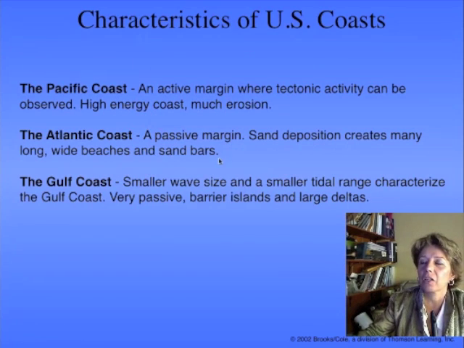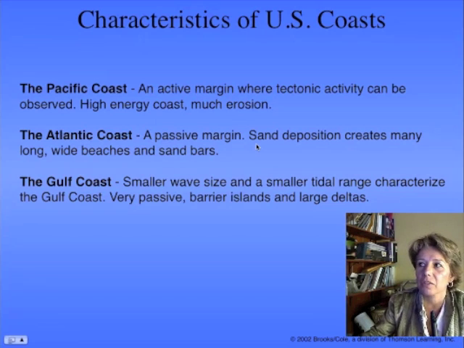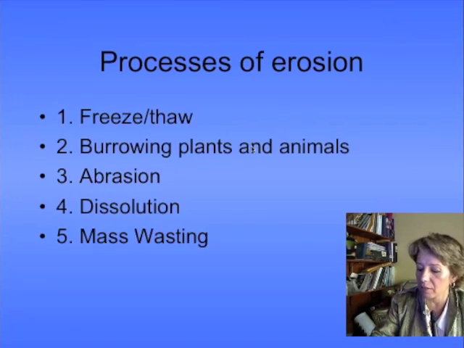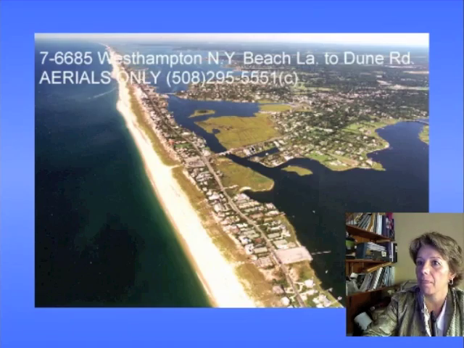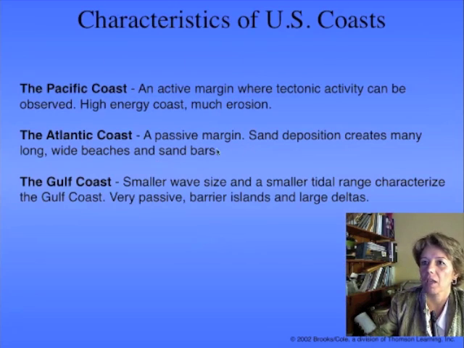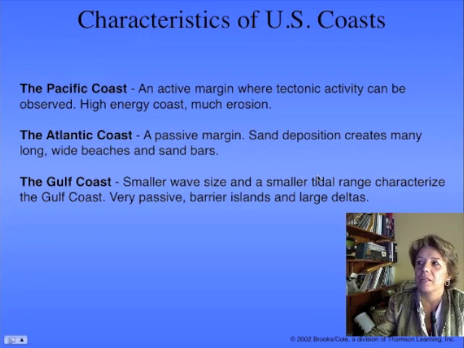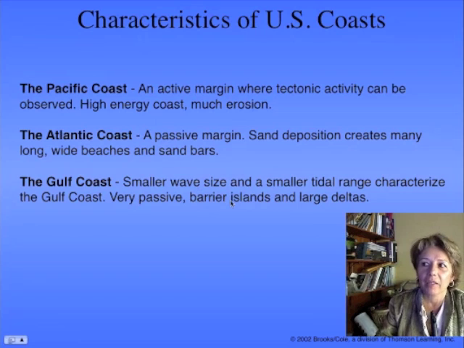And the Atlantic coast is passive with lots of sand, those really, really long sandy stretches with long, wide beaches and sandbars that look like this. And then you've got the Gulf Coast, which is even more passive with very small waves and small tidal range, very passive, and you get these barrier islands and large deltas. Okay, so those three kinds of coast.